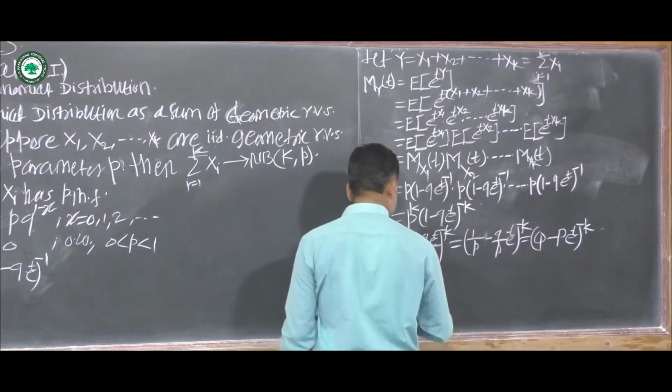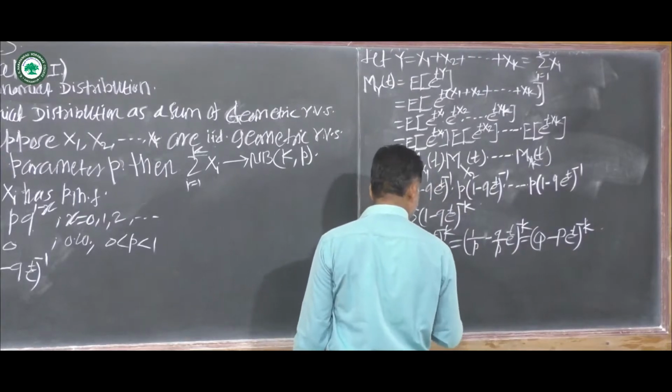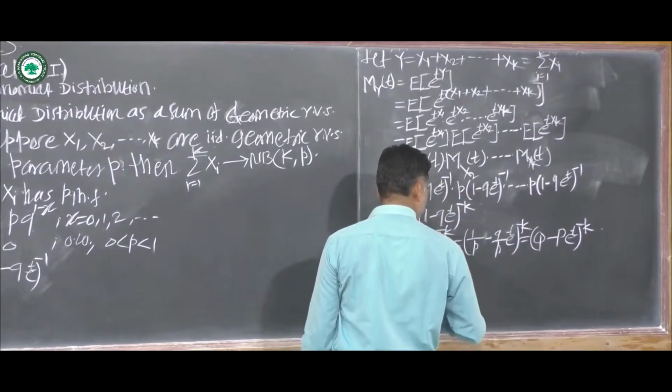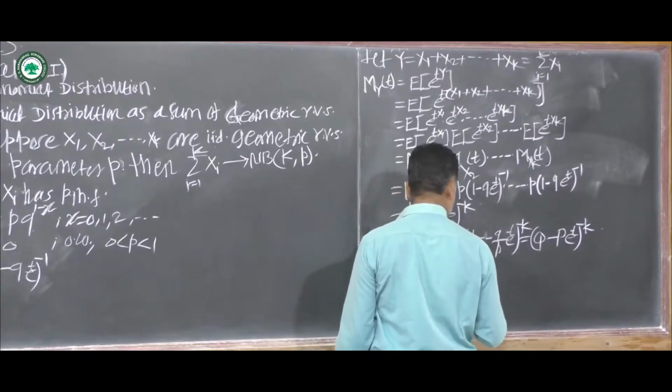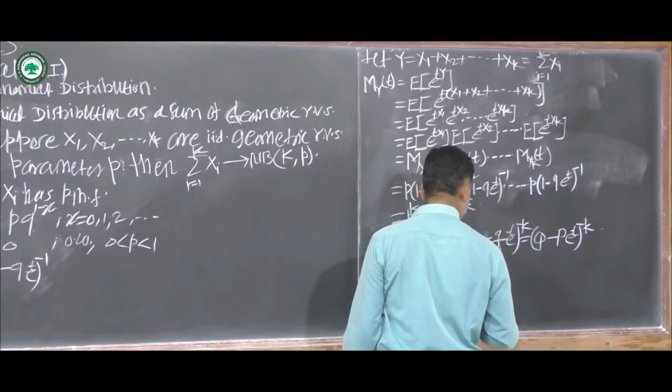Here Q is equal to 1 upon p and capital P is equal to q by p.